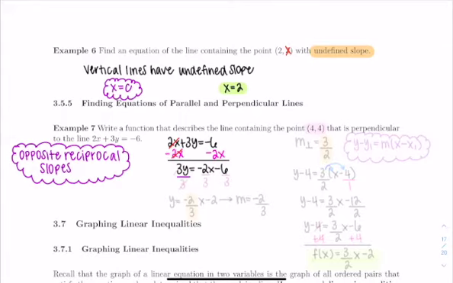Then we can divide everything by 3, and it ends up canceling on the left. We get that y is equal to negative 2/3 x minus 2 when we simplify. The slope from this, which is the coefficient of x, is negative 2/3.